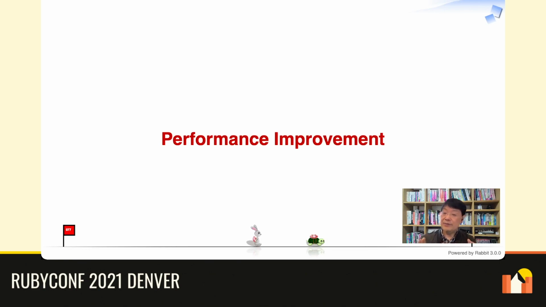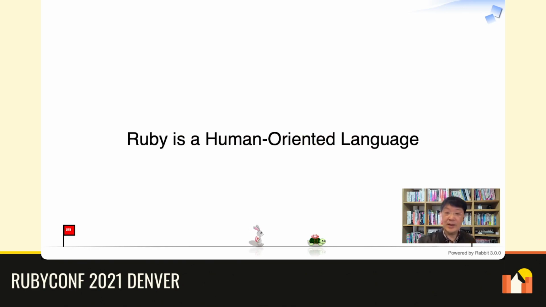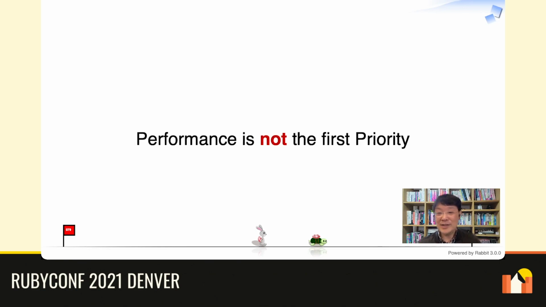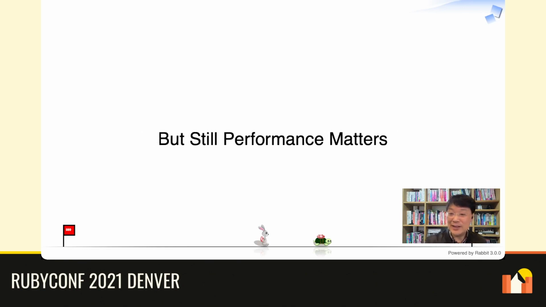The second important improvement beyond Ruby 3.0 is performance improvement. Ruby is a human-oriented language. That means performance is not the first priority. It's far more difficult to improve the performance of the Ruby language than languages designed with performance in mind, for example C, C++, or even Julia or something like that.